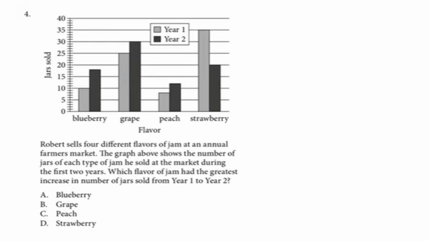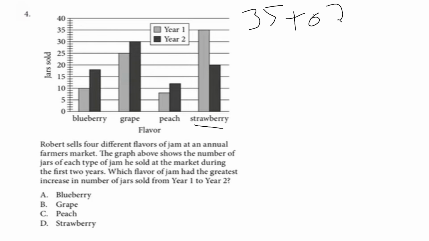So let's start with the easiest one that I can solve for, and that's going to be the strawberry. So strawberry actually didn't increase from year 1 to year 2. If you look at year 1 for strawberry, it was 35, and then it went to 20.